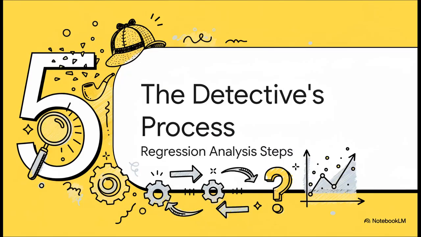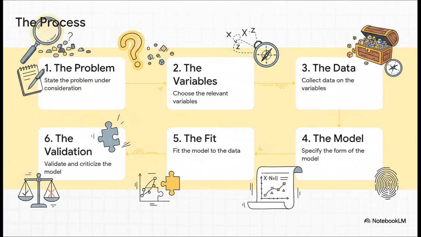Okay, so with our case defined and our different types of clues in hand, we're ready to follow a structured process. This isn't just guesswork, it's a systematic investigation, a step-by-step plan of attack. Pretty much every regression analysis is going to follow these fundamental steps. You start with a problem, defining the mystery you're actually trying to solve. Then you choose your variables. Those are your main suspects.